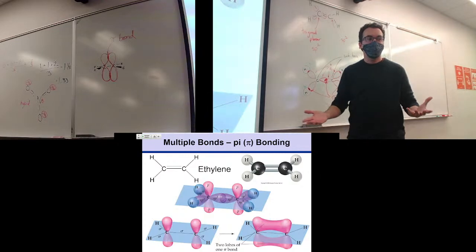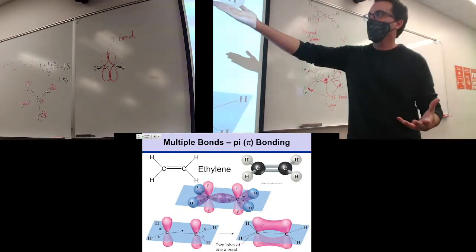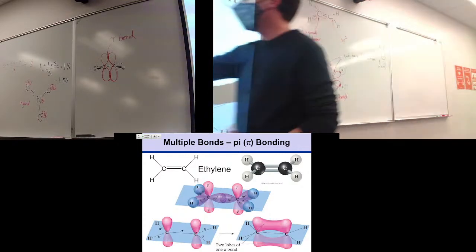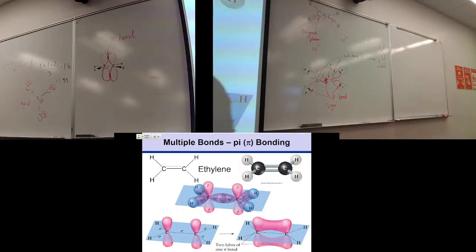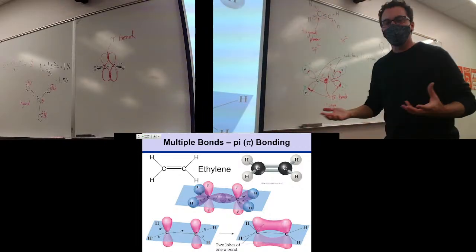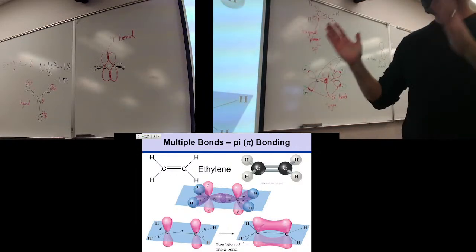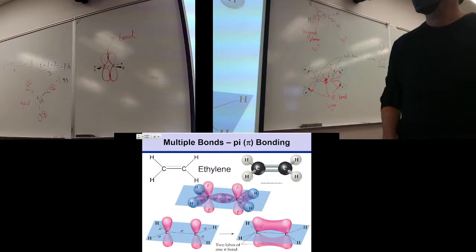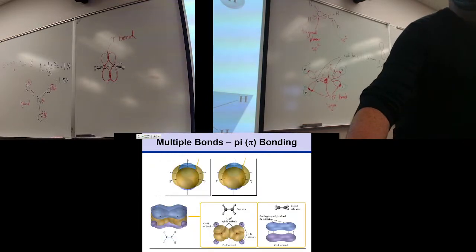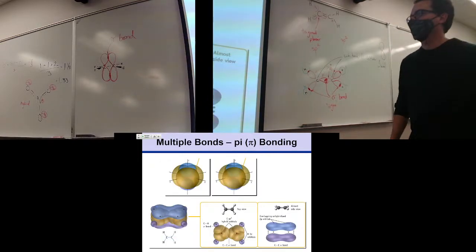Every artist will do it slightly differently. I mean, I drew mine where they were that close together. They just kind of fudged it. So depending on what picture you see, it looks a little bit different. But again, the p orbitals are oriented where they can be side to side like that. Here's another view of the same thing.